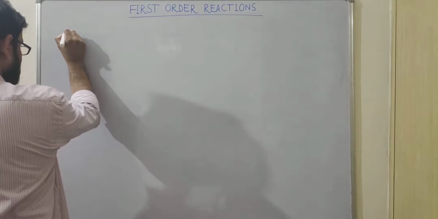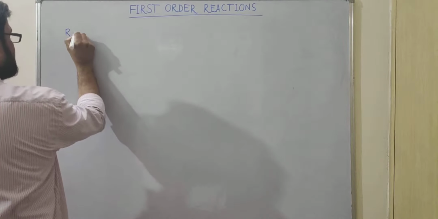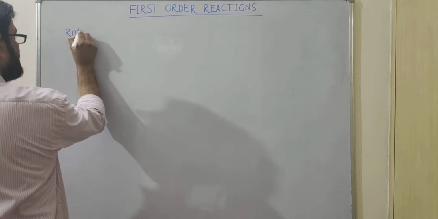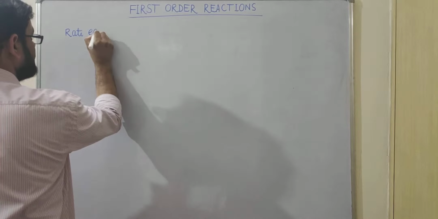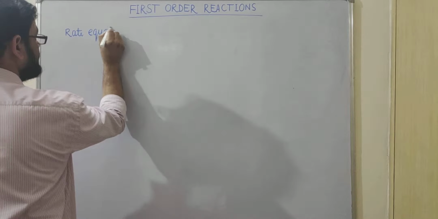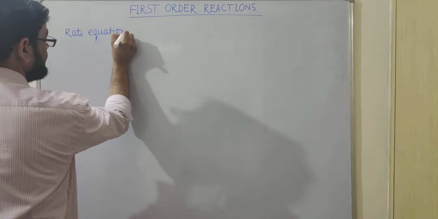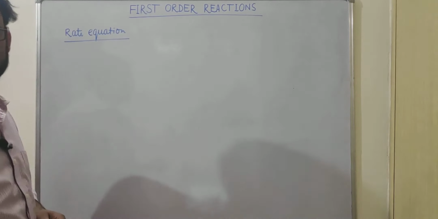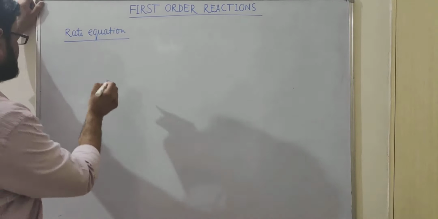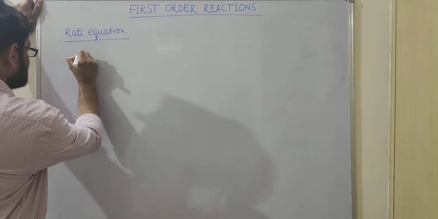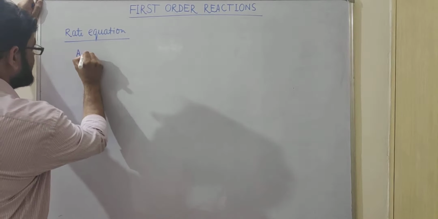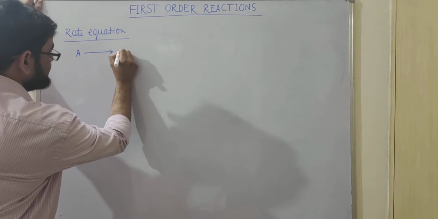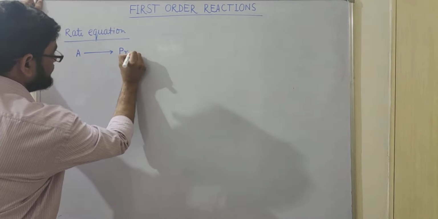rate equation for the first order reaction. Suppose we have a reactant species A and it forms product.